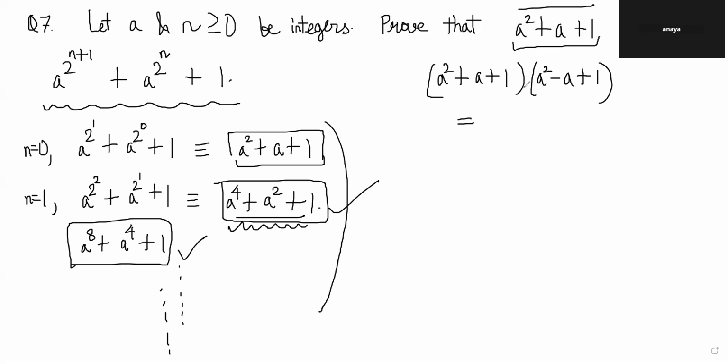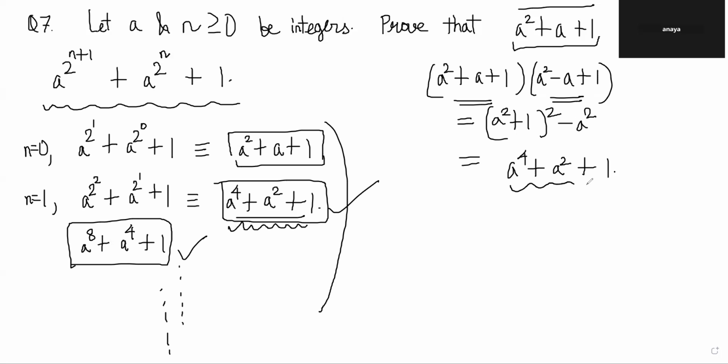That is clearly going to be equal to a square plus 1 whole square minus a square. That is equal to a power 4 plus 2a square minus a square, so plus a square plus 1, right? So when you multiply these two, you are getting this.